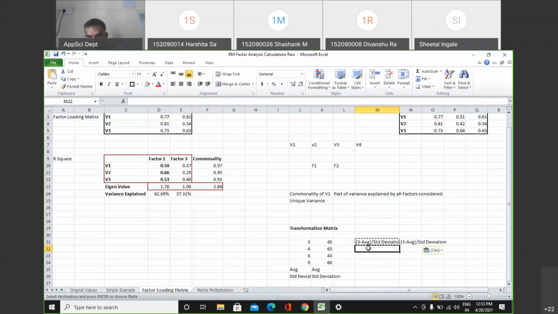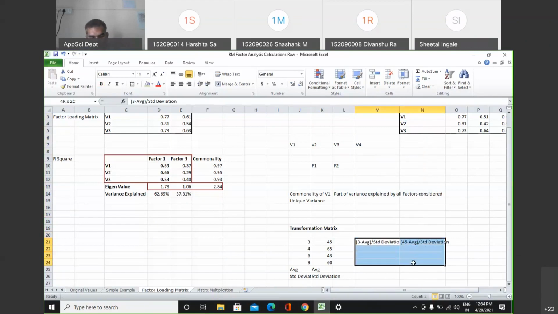I'm just trying to make it clear. For here, we will substitute its standardized value. So we'll have a standardization matrix.